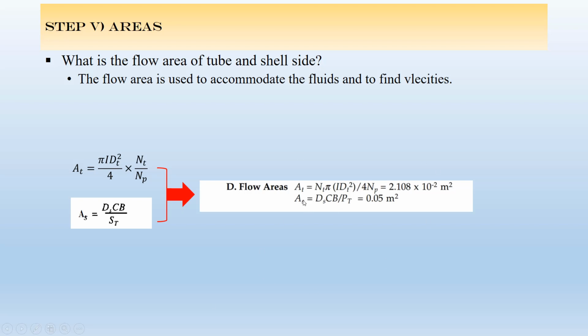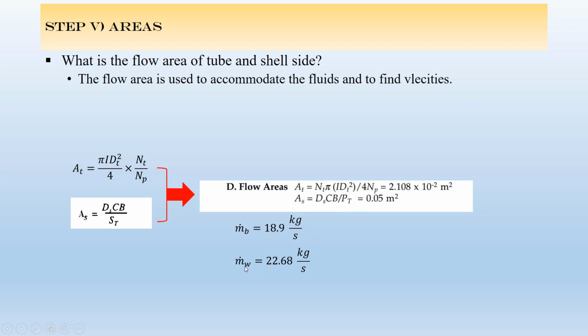Now, let's compare the mass flow rate. This is the mass flow rate for benzene, and this is the mass flow rate for water. And you know that the fluid with higher mass flow rate flows through the section with the higher area. So here, water has a higher flow area, and the shell side has higher flow area.